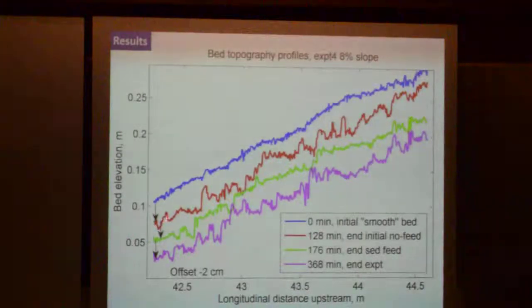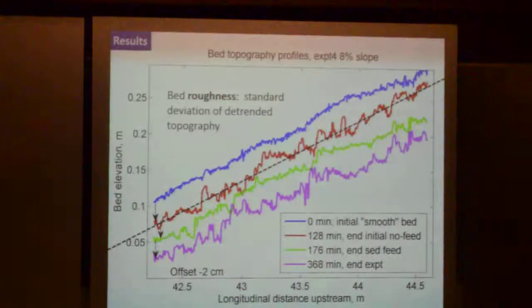So here we can see, within one experiment, some sequential topographic swaths down the center line of the channel, so distance upstream versus elevation. I have offset these profiles just for clarity there.